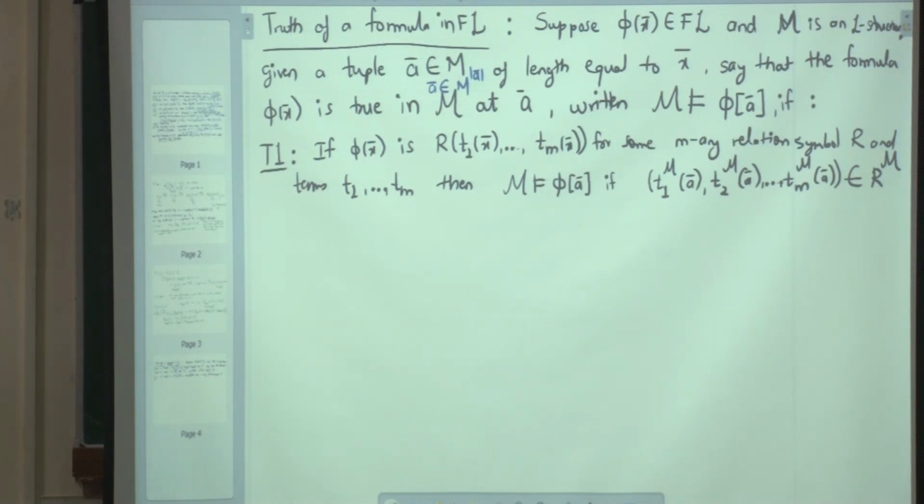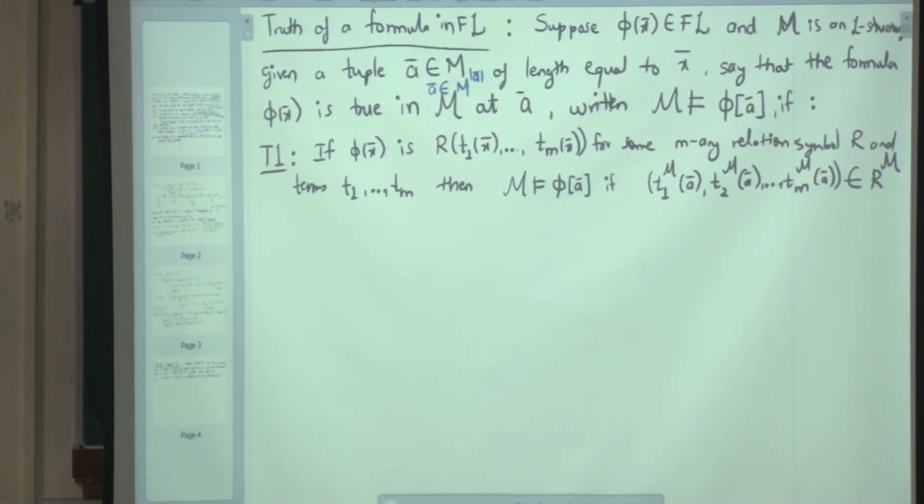So whenever we think about less equal, when do we say less equal xy is true in natural numbers at 5 comma 6? When do we say that? Less equal xy. So x is interpreted at 5 comma 6 as 5.